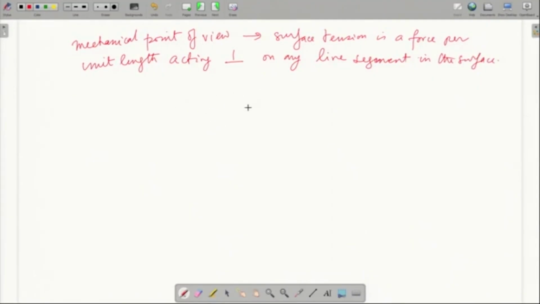So, last time you may recall that we had drawn an elemental surface in order to define the surface tangents in a three-dimensional sense.